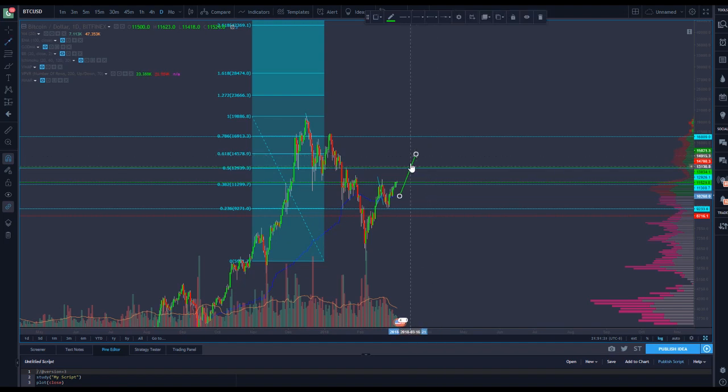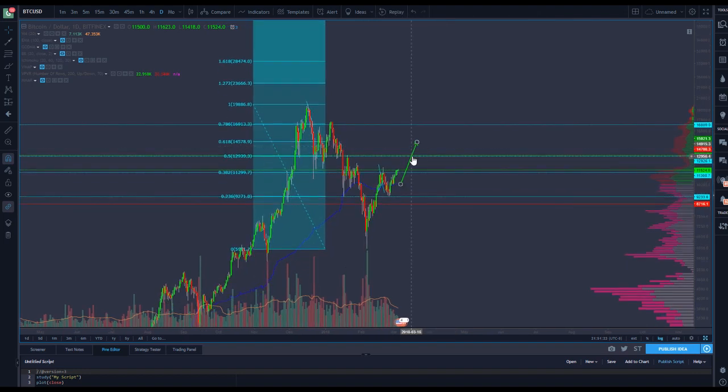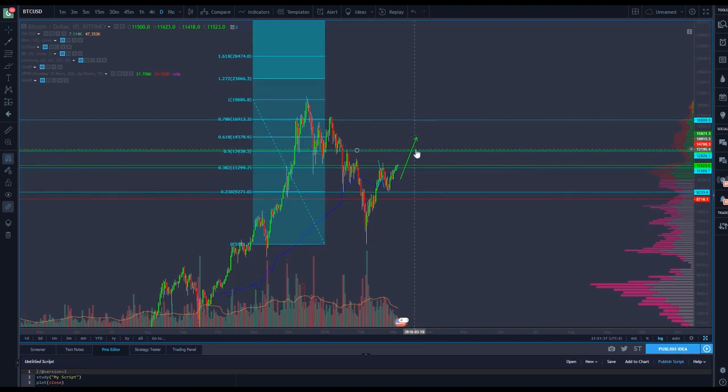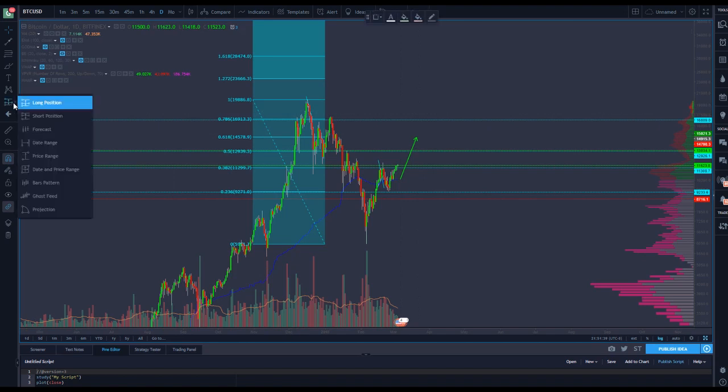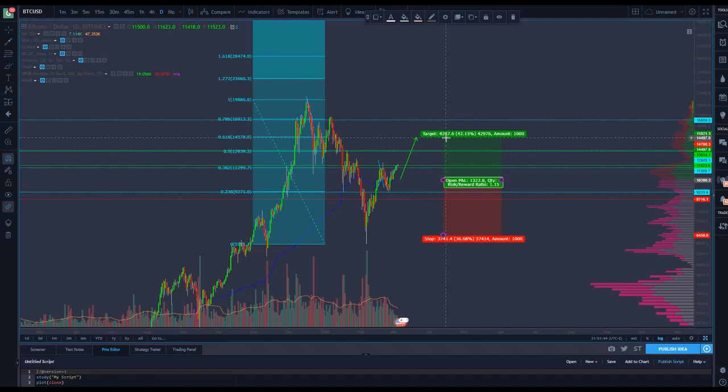Somewhere in here I'll be selling from 13,100 all the way to like 14,500, and if it doesn't reach that, I'll move these sell orders a bit down just so they hit for sure, because that'd be a pretty good profit target. I entered around here, so that'd be about a 42% profit rate on that trade.